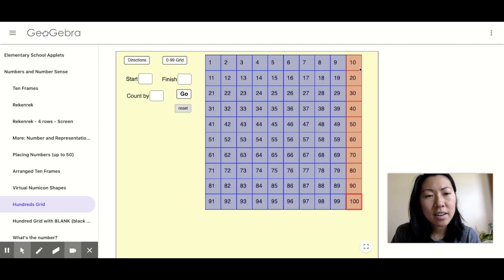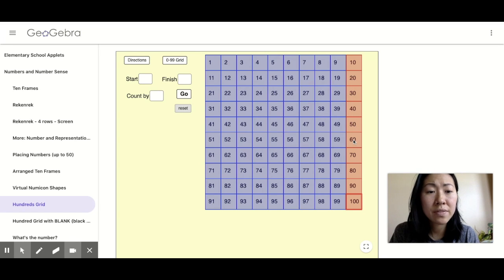We noticed that when we count by tens on a hundreds chart, all of the next tens are in the same column. Remember, columns go up and down. So these tens are in the same column. We also see that there's always a 0 in the ones place, right?